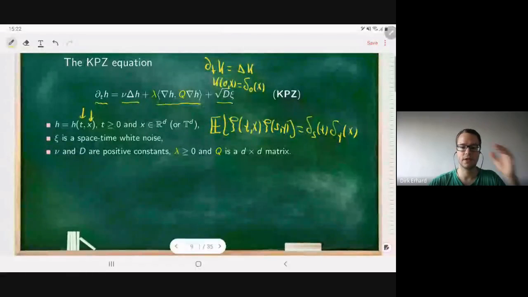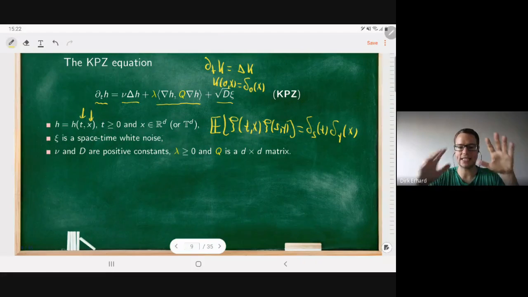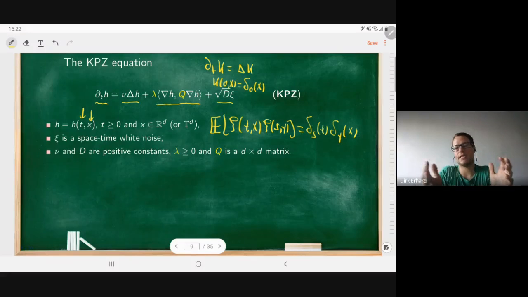So what does it mean? This simply means that as long as the space-time point (t,x) is not equal to (s,y), this expectation is 0. So essentially, to each point (t,x) in space-time, you associate a Gaussian random variable with mean 0, and all these Gaussian random variables are independent.